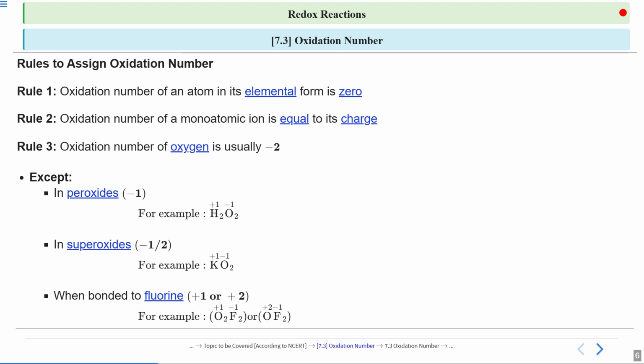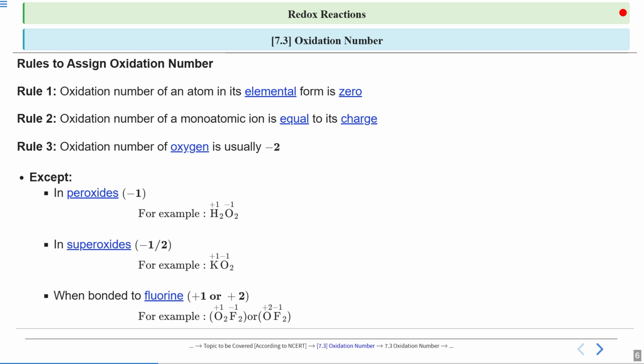If you look at the examples of oxygen difluoride, OF2, and dioxygen difluoride, O2F2, the oxidation numbers are +2 and +1 respectively. So the number assigned to oxygen will depend on the bonding state of oxygen, but this number will now be a positive figure only.